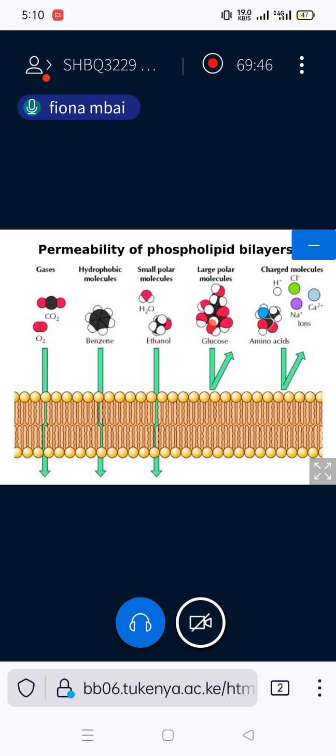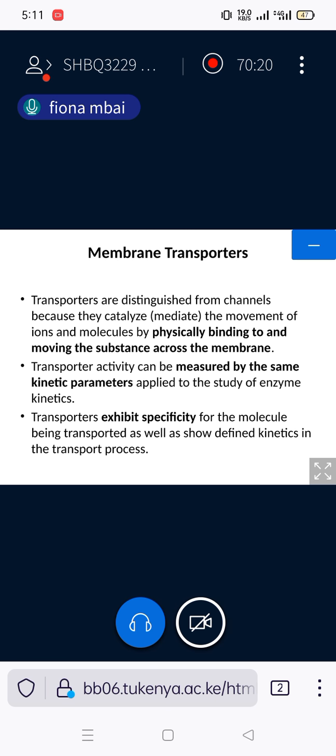Large molecules such as glucose and amino acids, and charged molecules, cannot pass through the lipid bilayer without carrier proteins or specific controls. I draw your attention to these molecules. They are small, but they are charged. Protons, chloride, sodium, calcium. Single charge, double charge, negative charge, positive charge, it doesn't make any difference. They are unable to cross the cell membrane just like that.